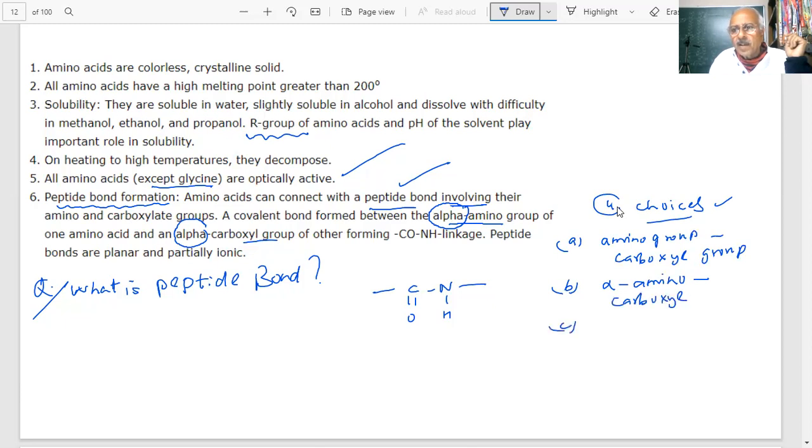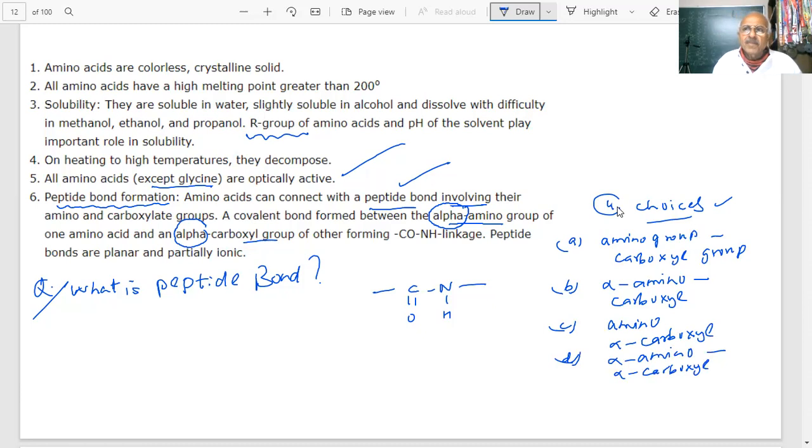Then he says amino of one and alpha carboxylic of the other. Then he says alpha amino of one and alpha carboxylic of other. Which is the correct answer, students? Alpha amino and alpha carboxyl.